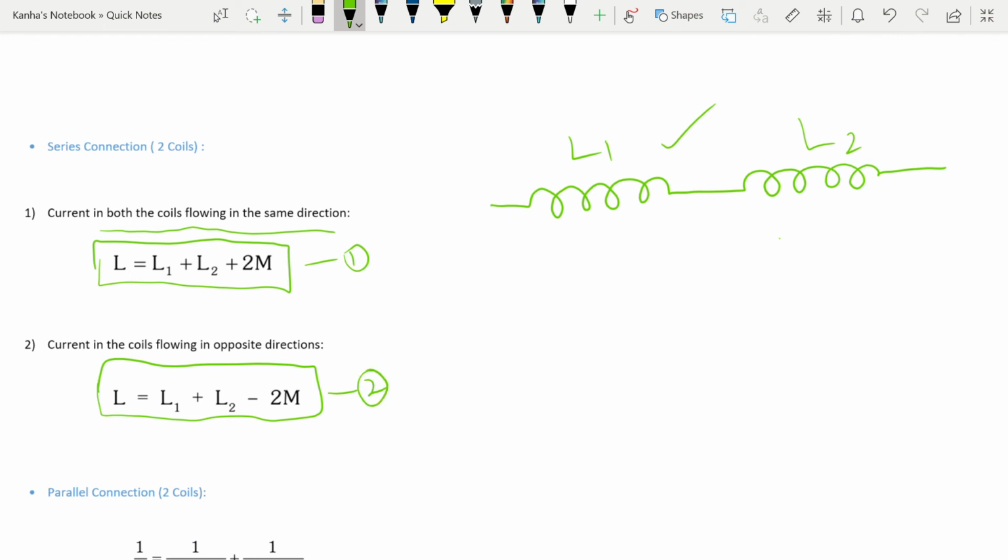Again this utilizes the point that mutual inductance is equal to K times root L1 L2, where K was the coupling factor. You should also note that K always lies between 0 and 1. For ideal coupling we have K max equal to 1, and for real coupling it lies between 0 and 1.